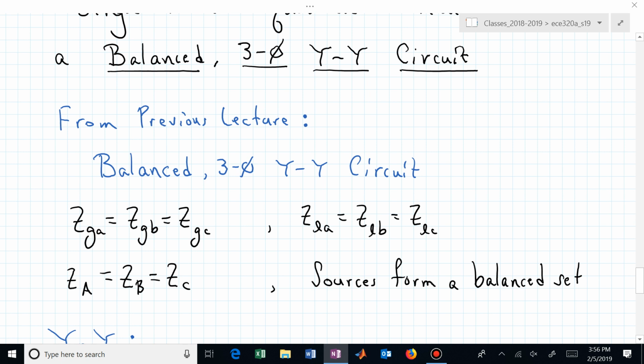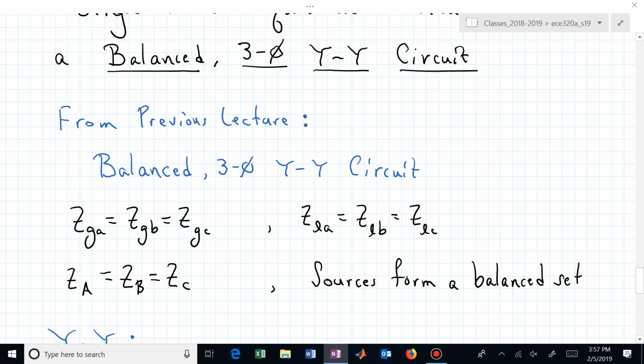Meaning I could just say Z sub little l, or Z sub little g, or Z sub phi. And if it's balanced, you know that all the phases have that same impedance.